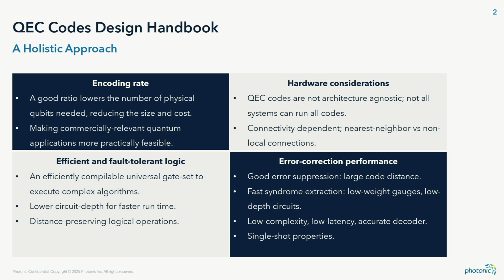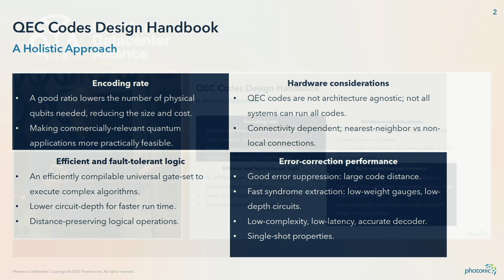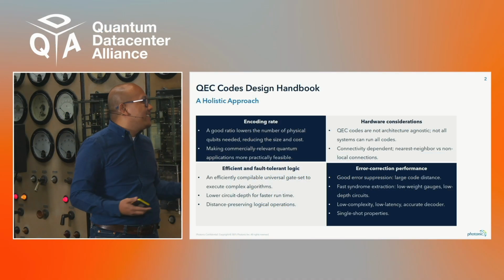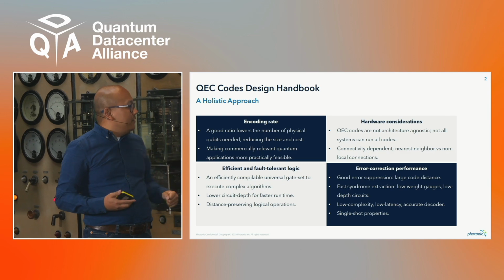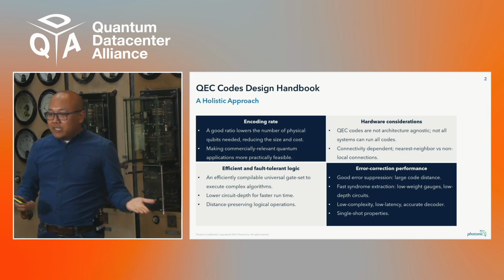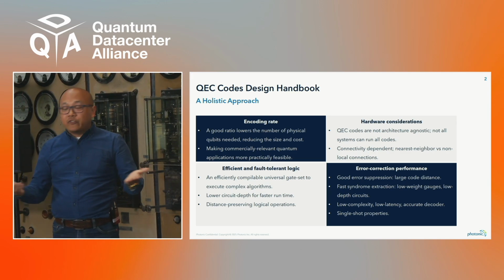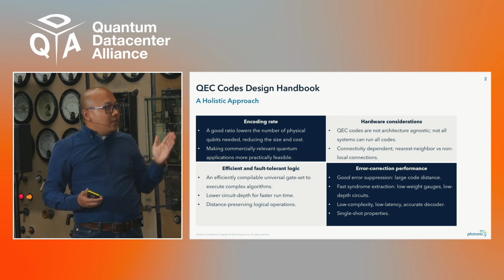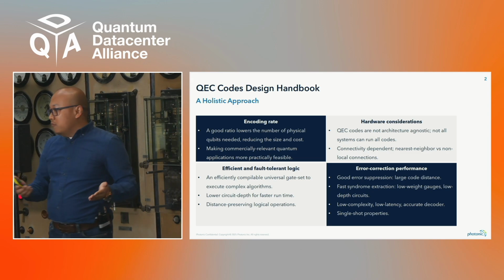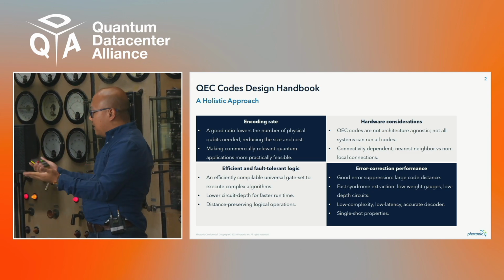The encoding rate is great because it tells us the ratio between the number of physical qubits and logical qubits. It makes commercially relevant quantum applications more practically feasible because it tells you the size of your quantum computer. But at the same time, not all quantum codes can be implemented in hardware.